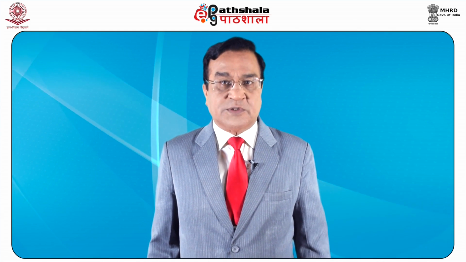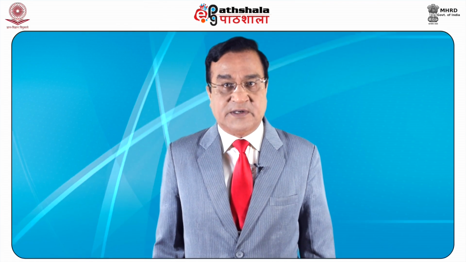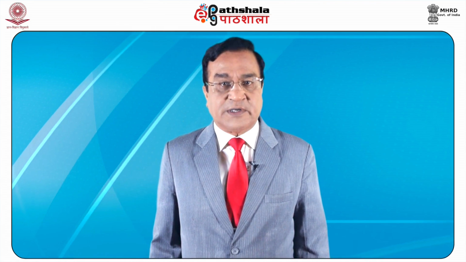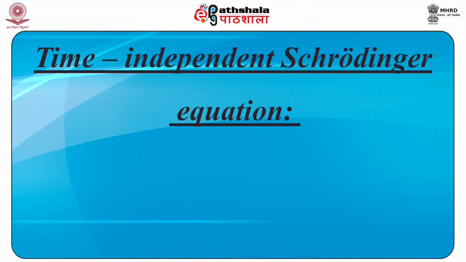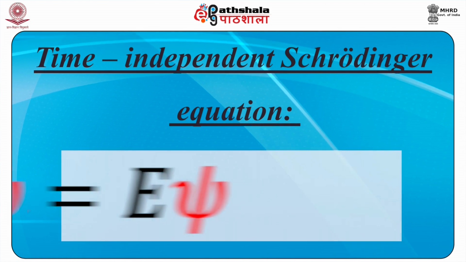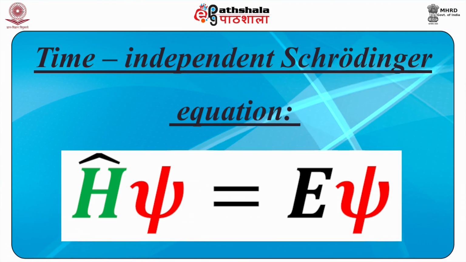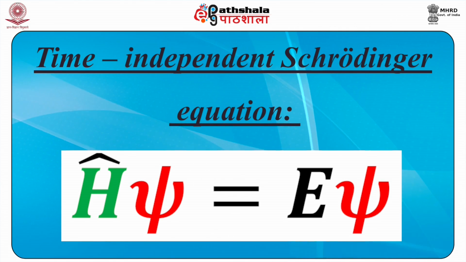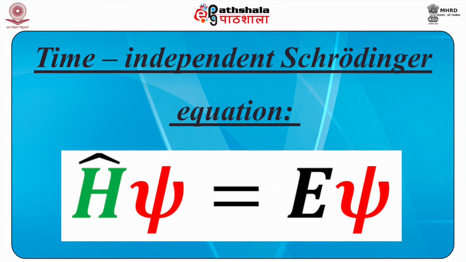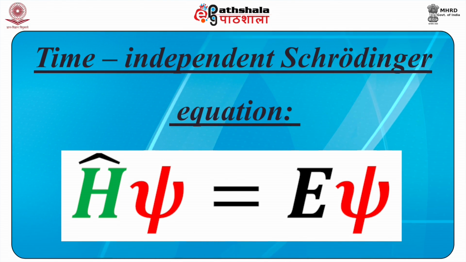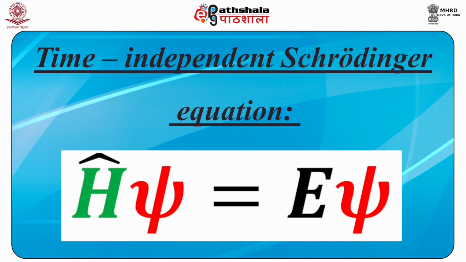But in our course, we will be focusing on the time independent Schrödinger equation, which is written as follows. The time independent Schrödinger equation, as you can see, is written in the form H cap psi is equal to E psi.